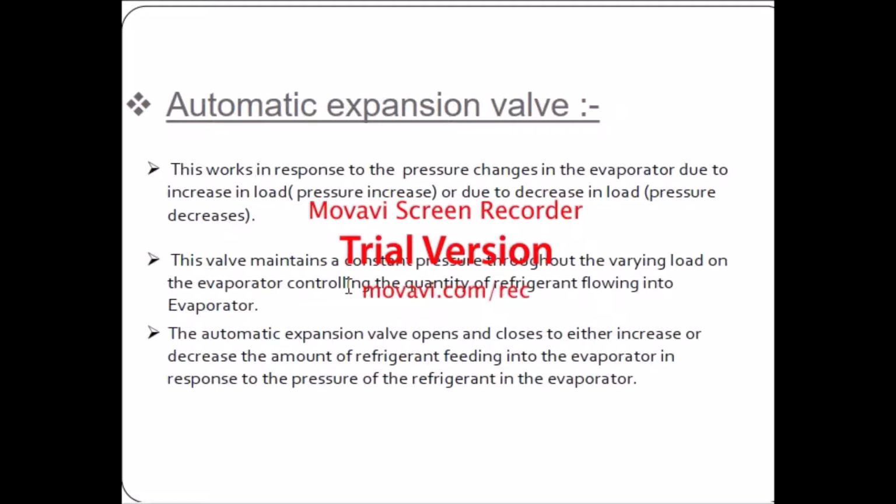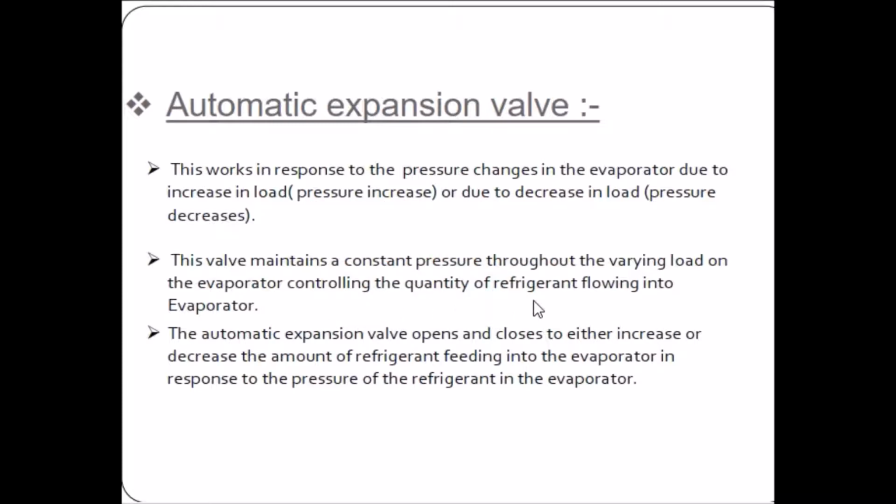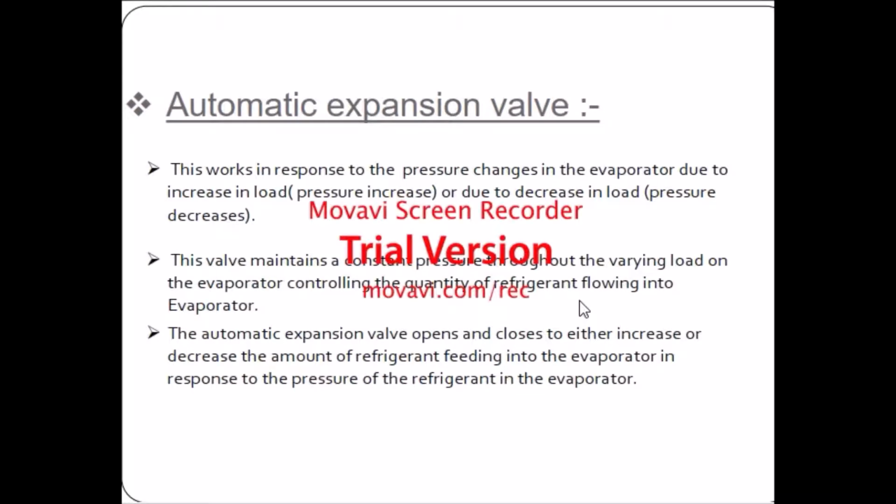This valve maintains a constant pressure through the varying load on the evaporator, controlling the quantity of refrigerant flowing into the evaporator. So if it is an automatic system, it will control the pressure. If the pressure is constant, the supply will be constant.